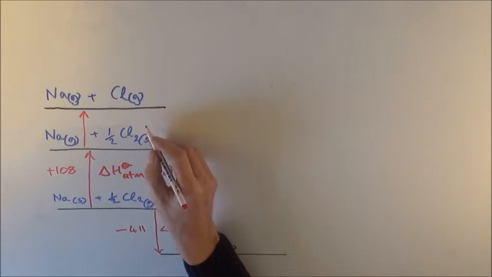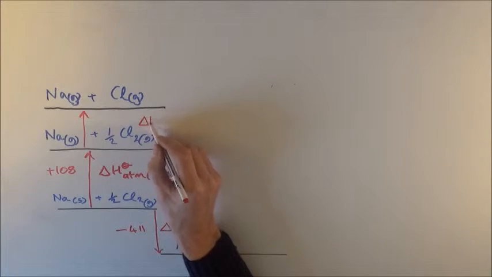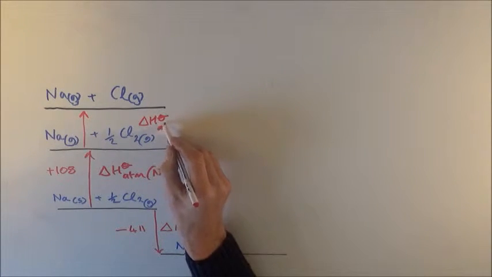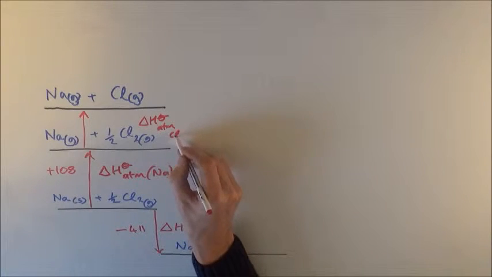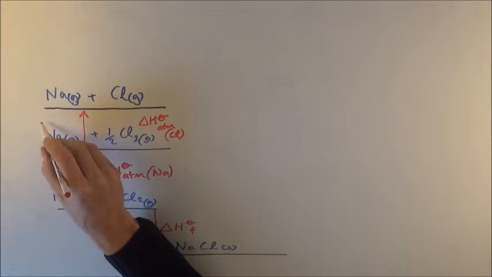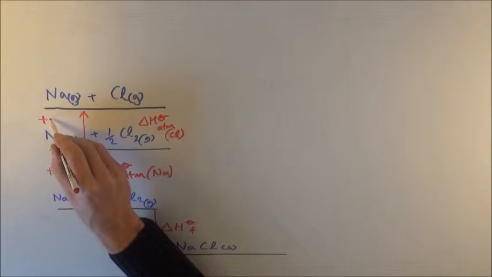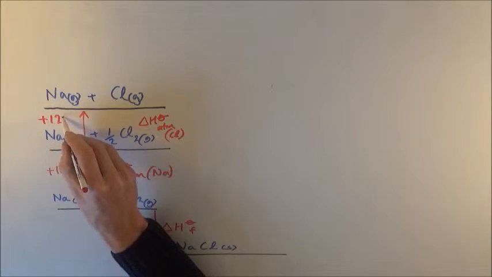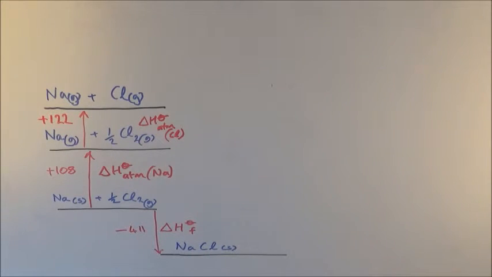So I'll just write that there. It's delta H atomization for the chlorine, and the value for that is plus 122 kilojoules per mole. Okay, so we've got the gaseous atoms, now we've got to make the gaseous ions.